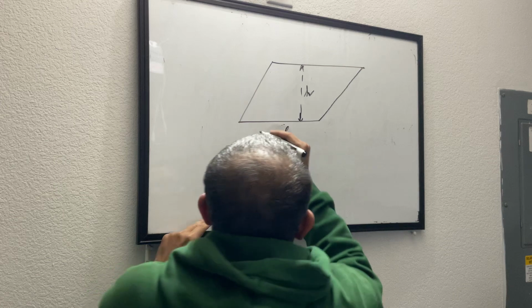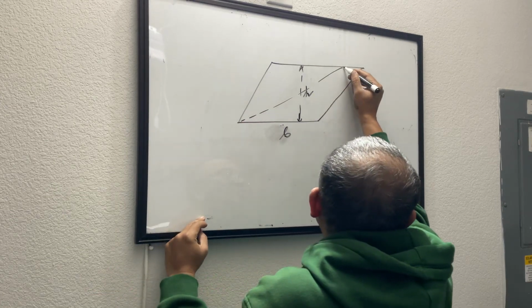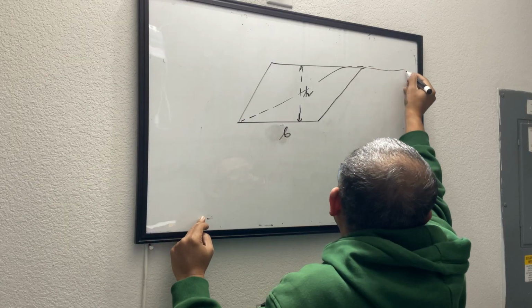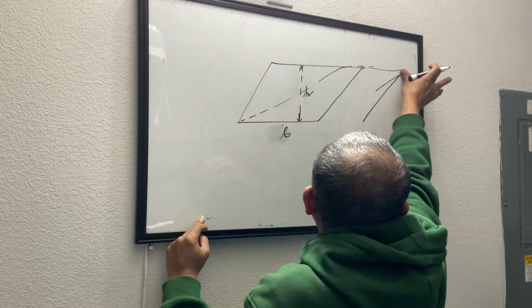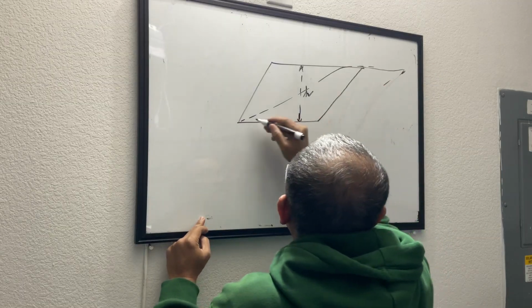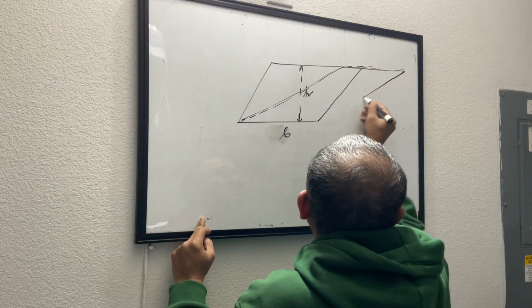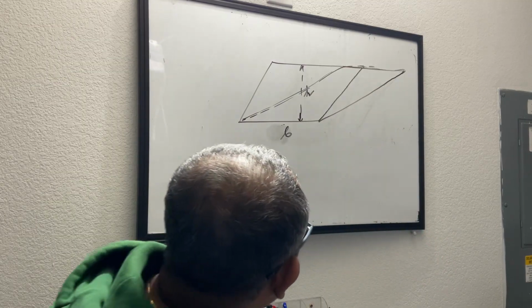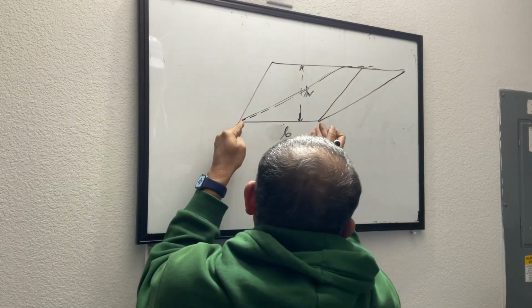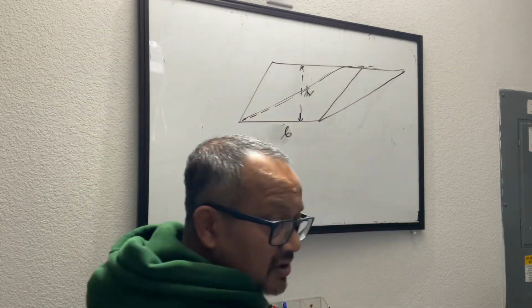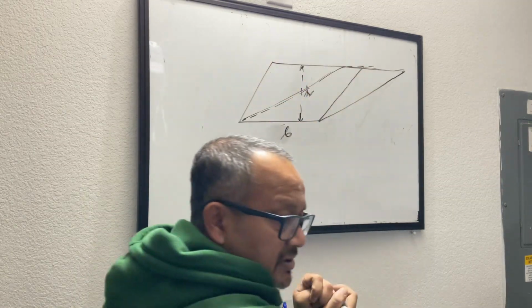How about my base remains the same and I draw another parallelogram. Okay, now see, you look at this parallelogram and this parallelogram. Both have the same base and the height also is the same. Are we saying that the area of this parallelogram and this parallelogram is same?